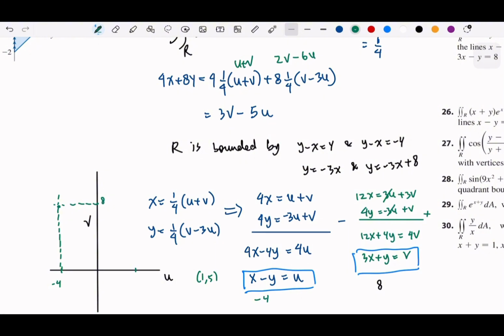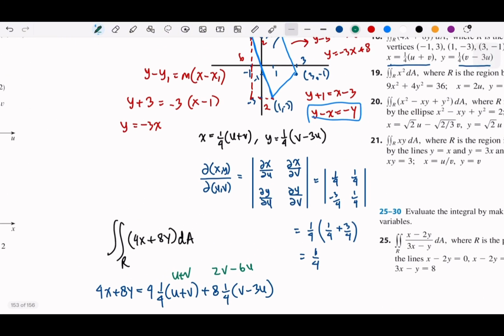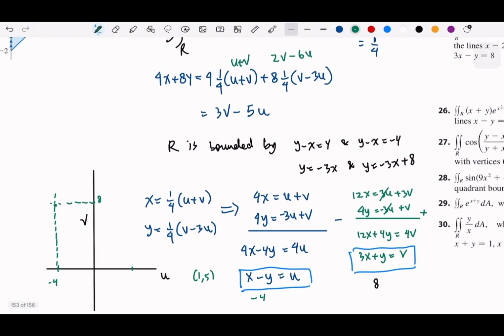Okay, and then try again 1, negative 3. 1 plus 3 is 4, so 4 is here, and 3 minus 3 is 0, so it's here.